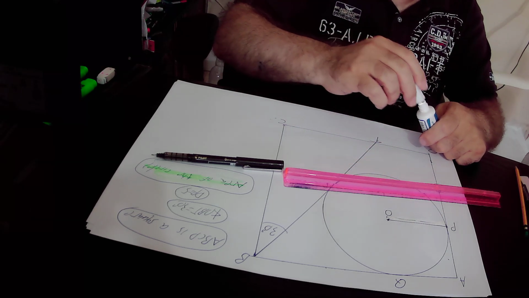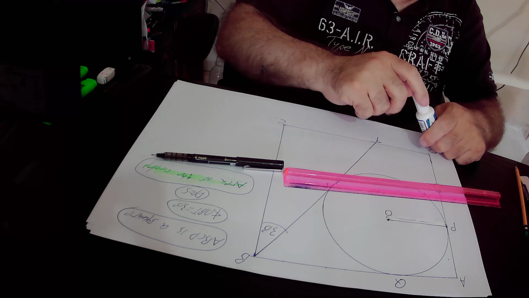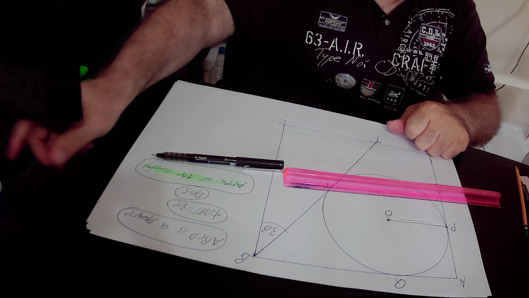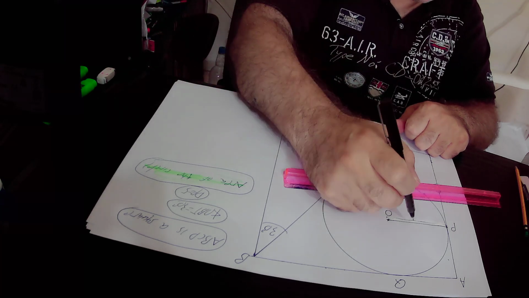Point O is the center of the circle, point P is the point on the circle itself, therefore OP is the radius of this circle that we will define as R.